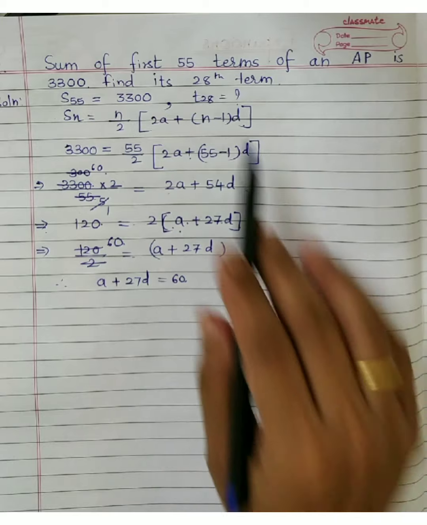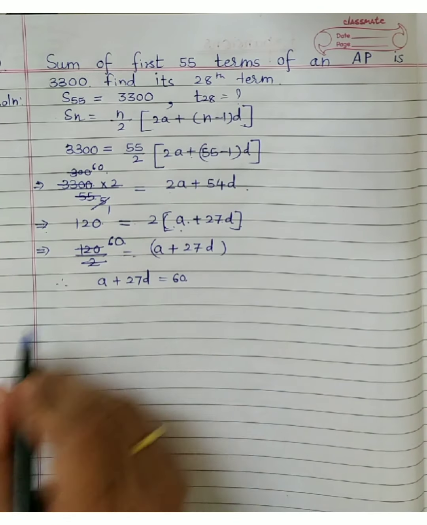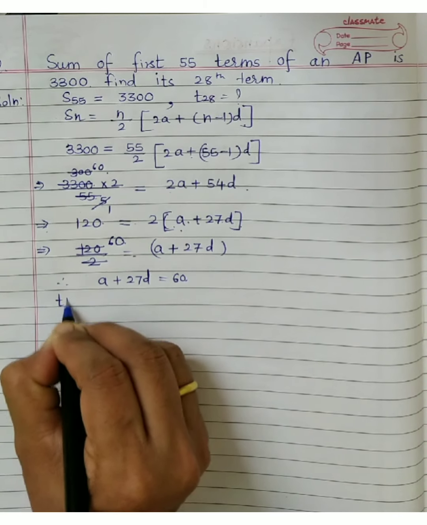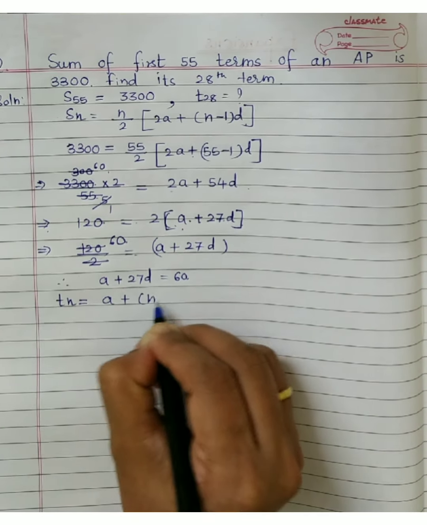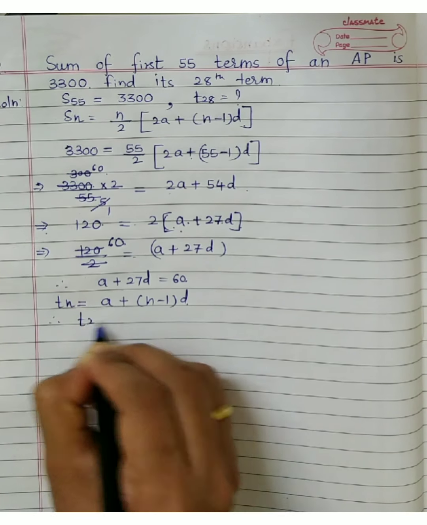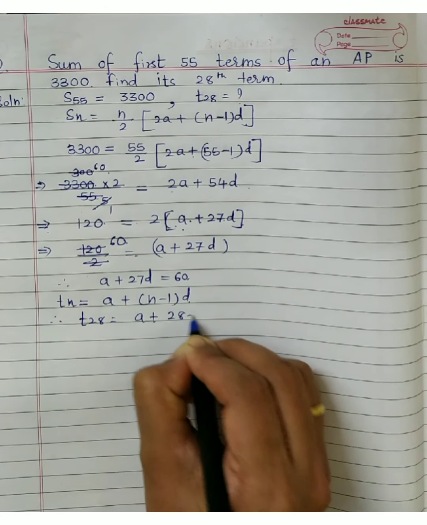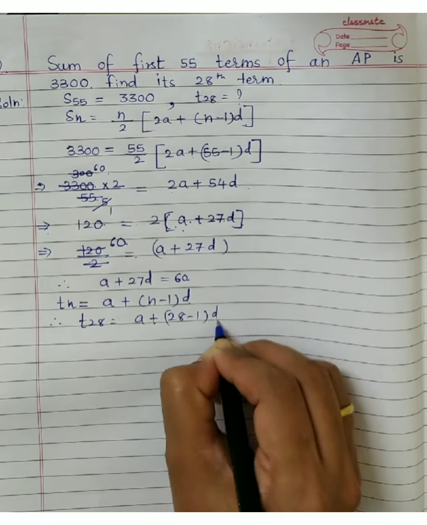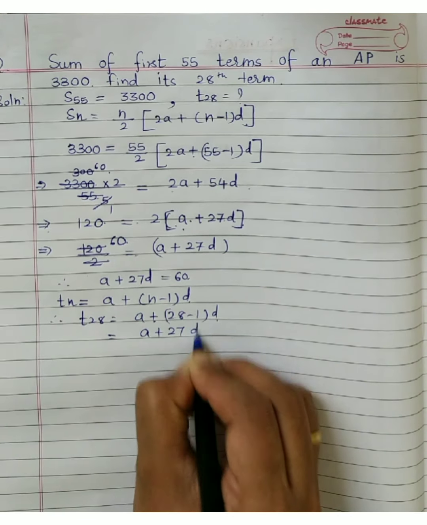Now observe, what you have to find is T28. You must have understood how this expression relates. Write down the Tn formula. Tn is equal to A plus n minus 1 into D. Therefore T28 will be what? A plus 28 minus 1 into D, that is A plus 27D.